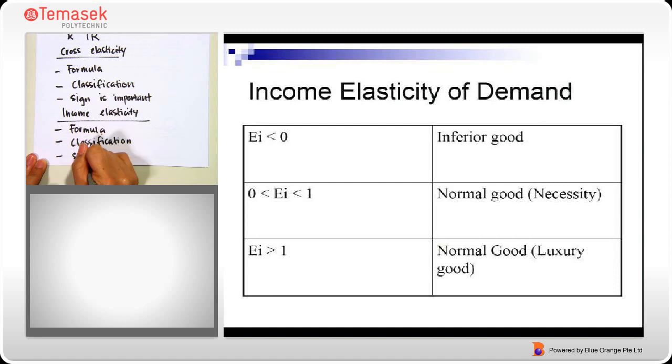In the same case, sign is important. And also take note that for positive values, you need to specify if the good is a normal good, is a necessity good, or is it a luxury good.